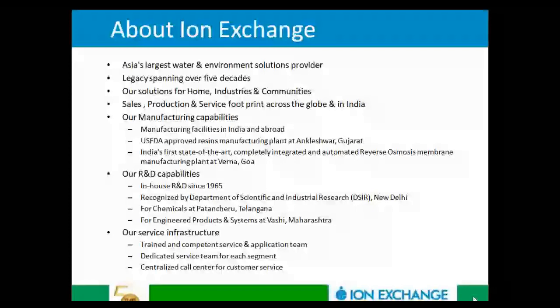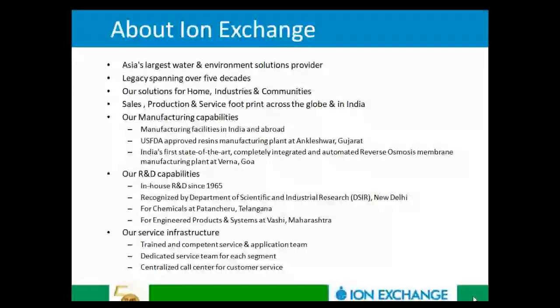The key to our success has been the service infrastructure that we have. We have 7 different verticals catering to 7 different market segments. For example, we have a segment for paper and pulp, for the power sector, for the pharmaceutical, and so on.